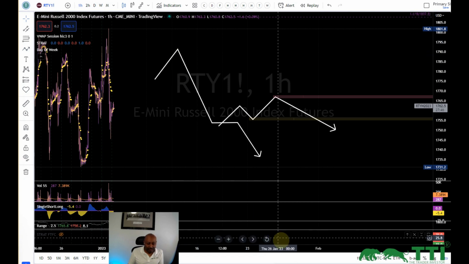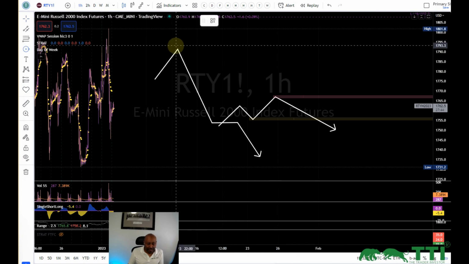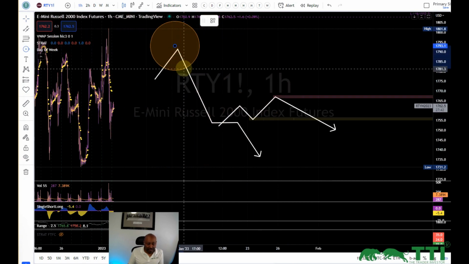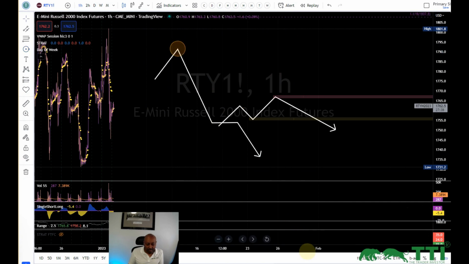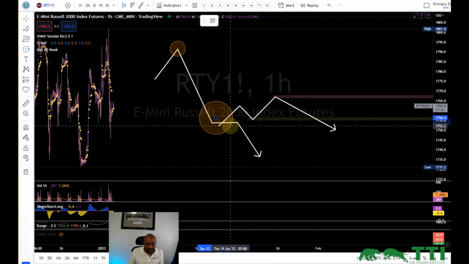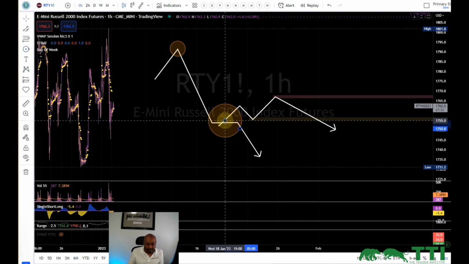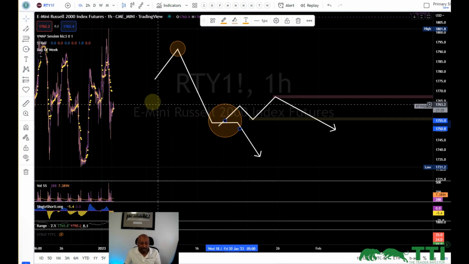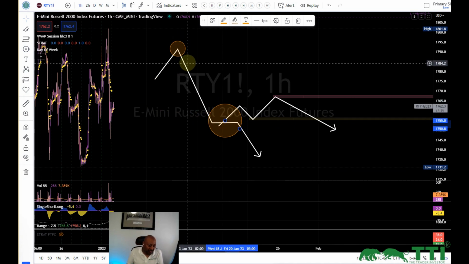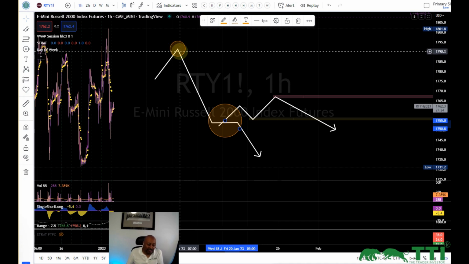So it's this area, or this area. When it's consolidating, it's a much wider area. When it's just rising and falling, it's just easier to identify.